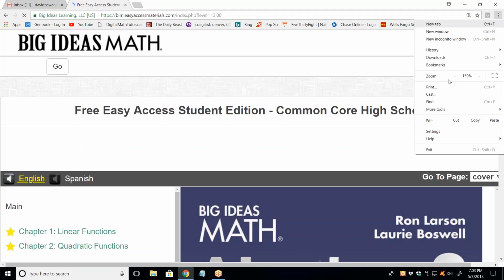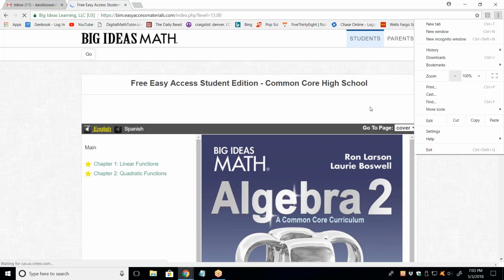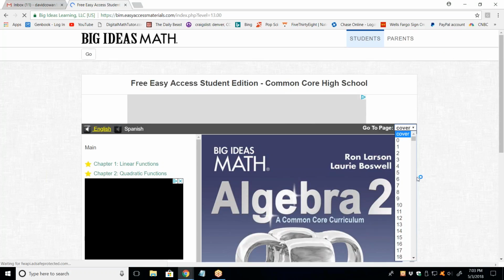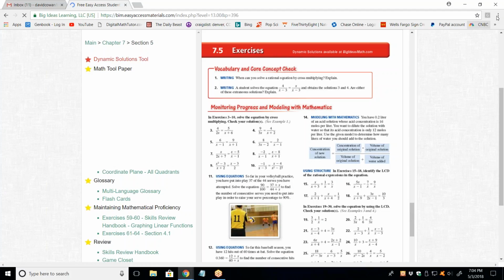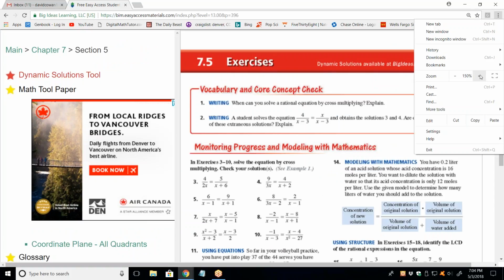Okay, what page? 396. Which numbers? So it's from 19 to 25.